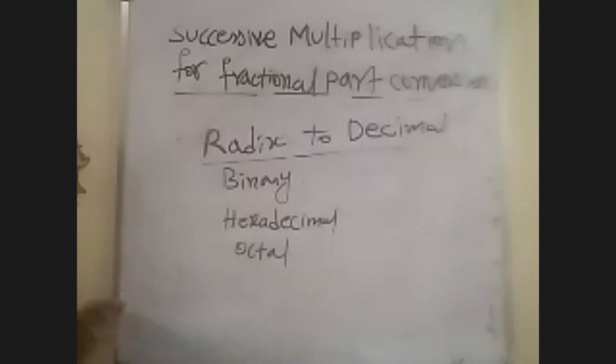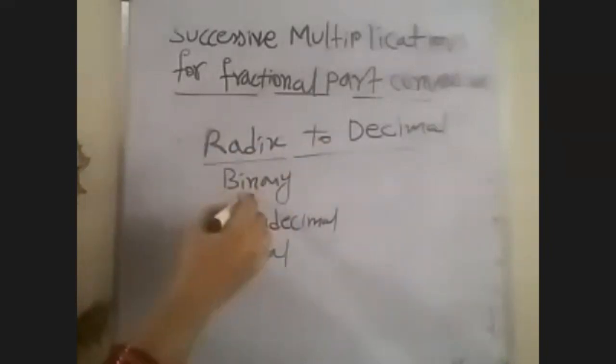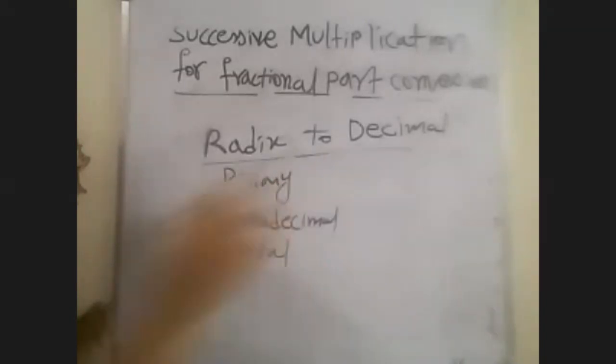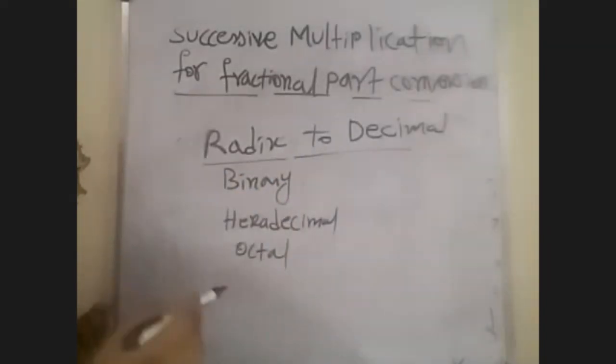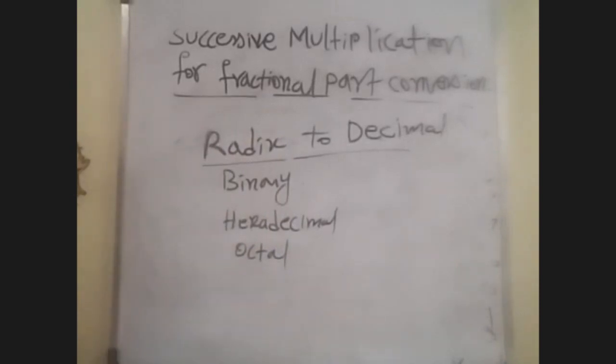And any base, that is base 4, base 7, base 5, those also will be converted from that radix to decimal. So here, what is the procedure?